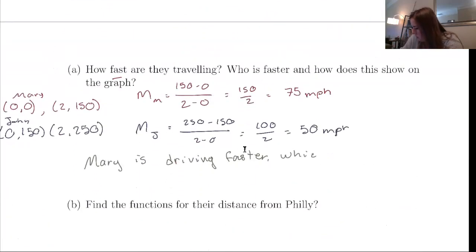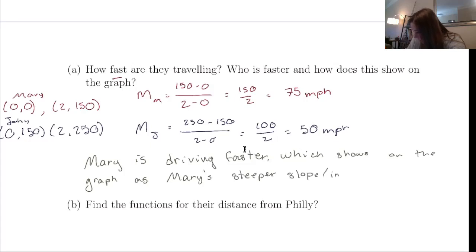So we say which shows on the graph as Mary's steeper slope, or incline, if you will. All right.